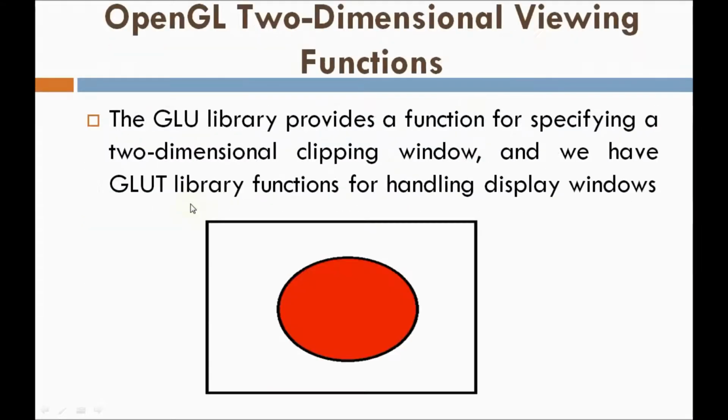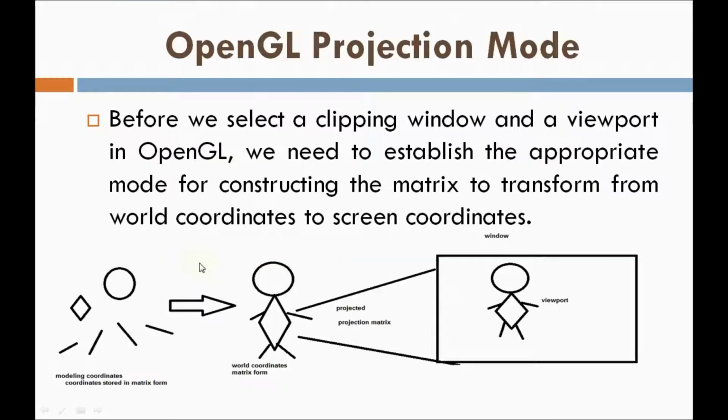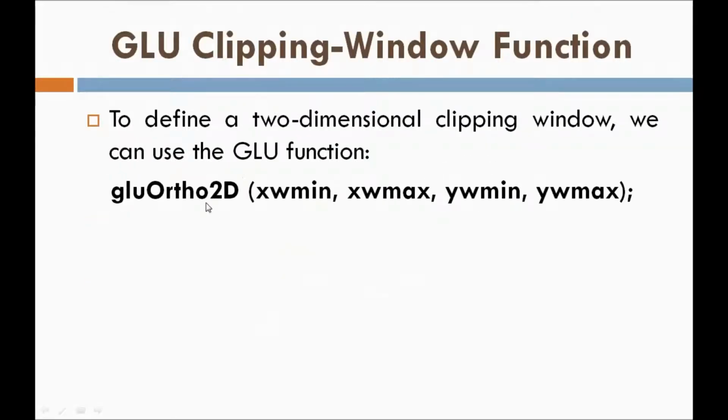Because I told you here my projection rays are perpendicular to my screen. You can see the projection rays are perpendicular to my screen, that is orthogonal. That's why I am using gluOrtho2D.